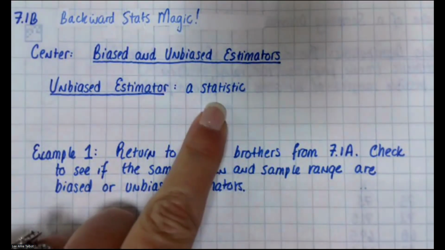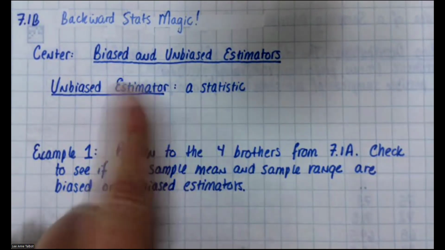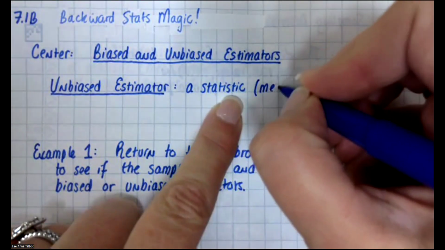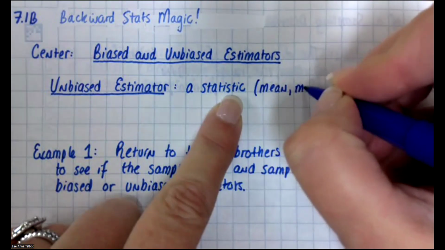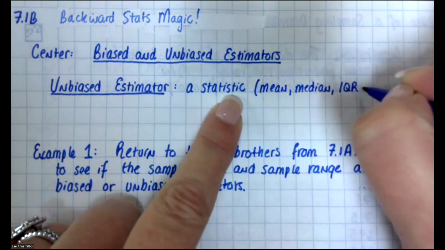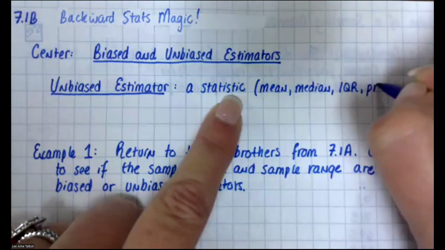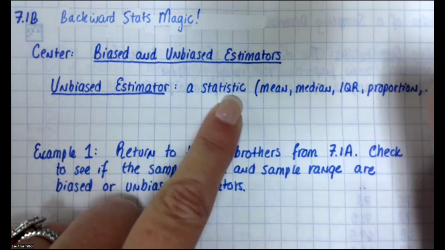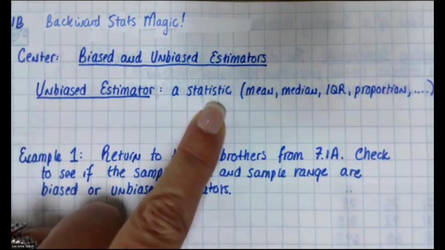A statistic we use to estimate, that's the whole point. Okay, and I'm just going to write something like mean, median, IQR, proportion, dot, dot, dot, any of those things that we can calculate.